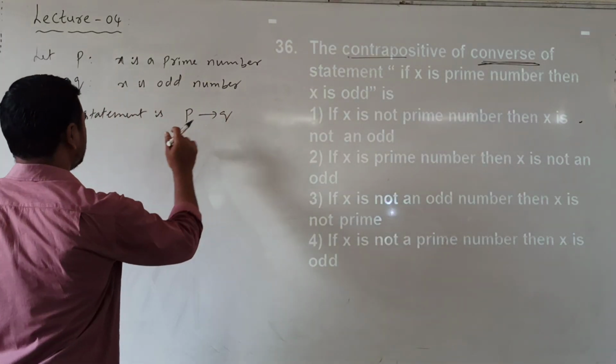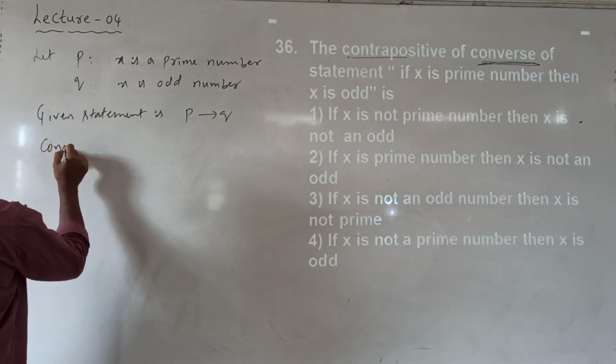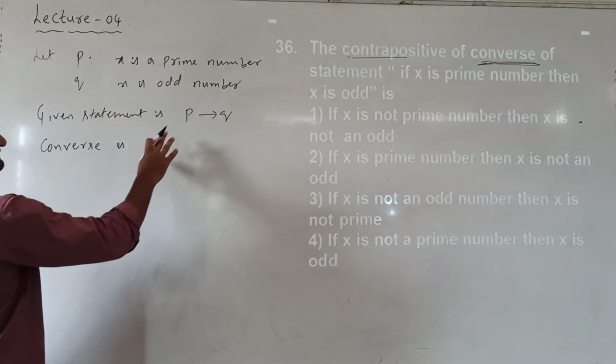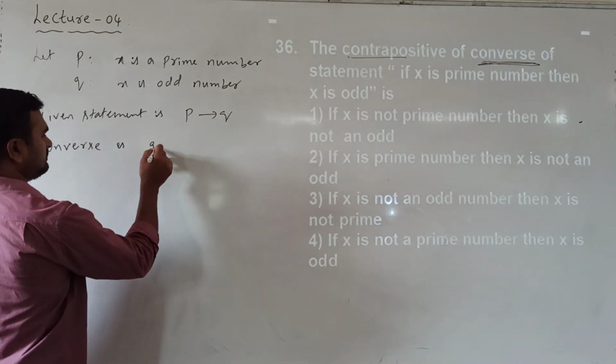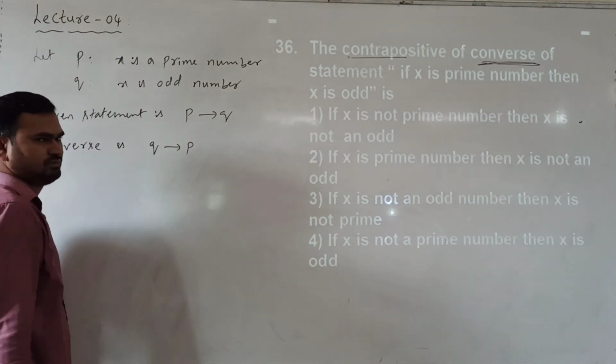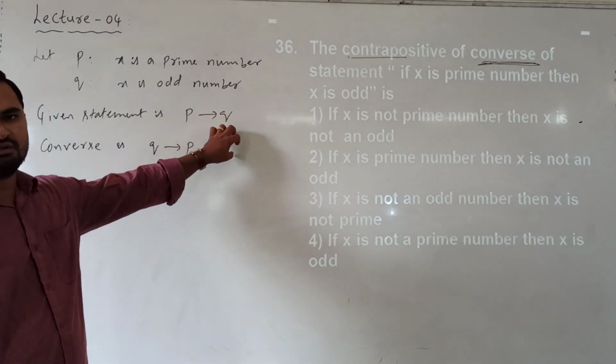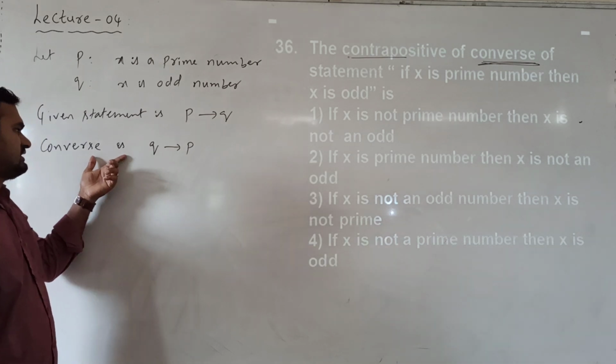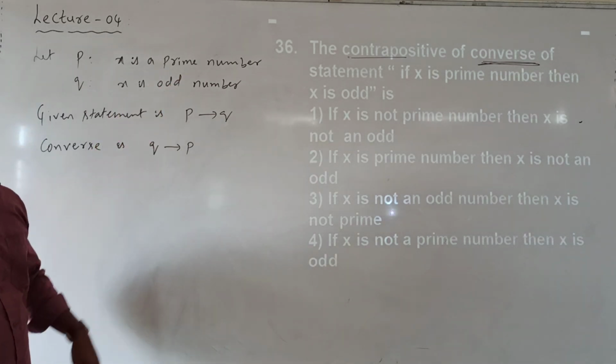The converse is Q implies P. For P implies Q, the converse is Q implies P.